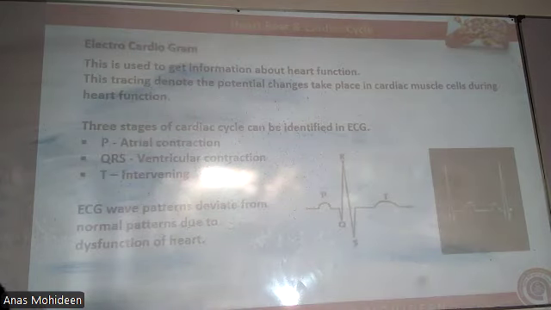Electrocardiogram. It won't be immediate. It won't be taking a long time. Immediately they will do that. Like a building block, it is fixed. Pumping and all, it's done.